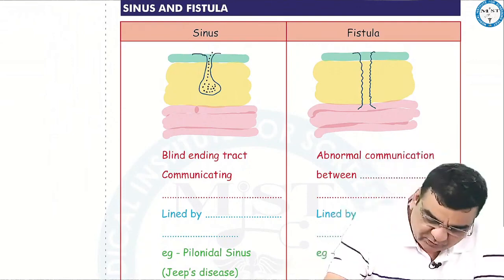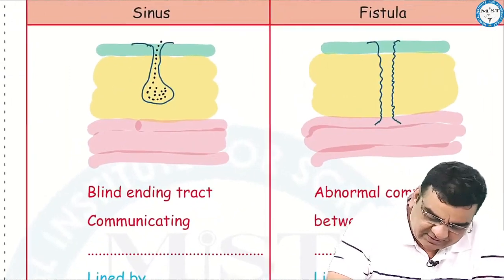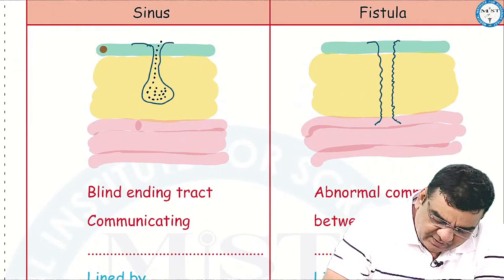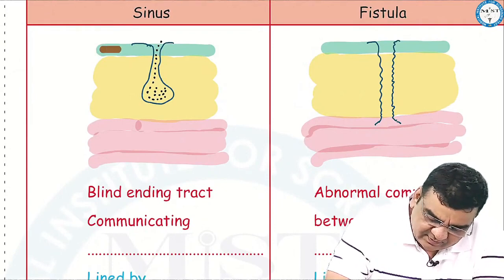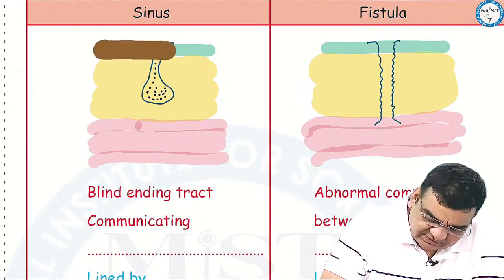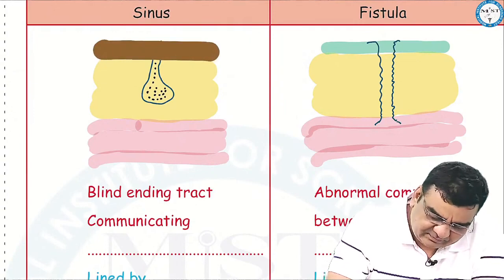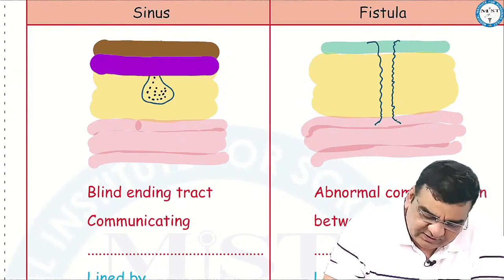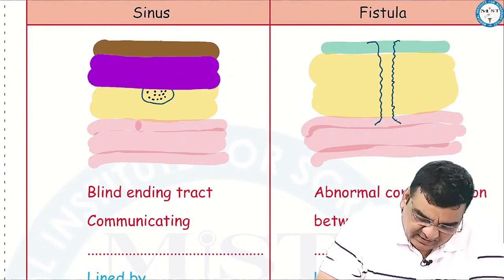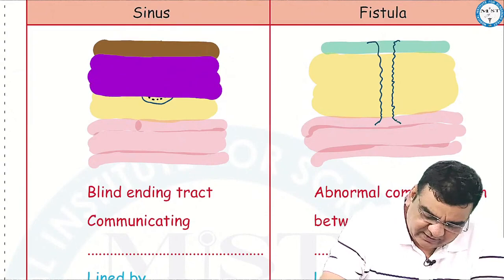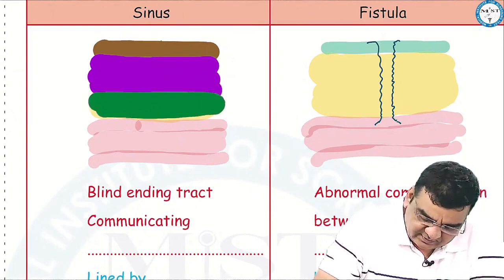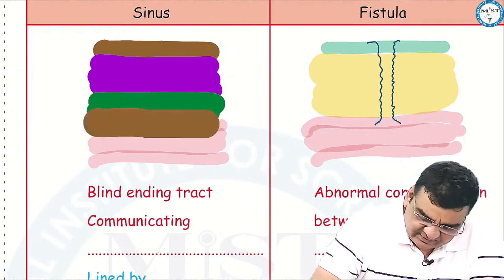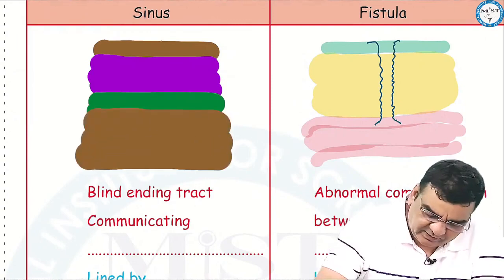Suppose here in this particular picture, beta, I say this is the skin, wherein there would be the dermis here, and then suppose there is subcutaneous fat, and then a muscle underlying, and beneath this muscle would be the bone.